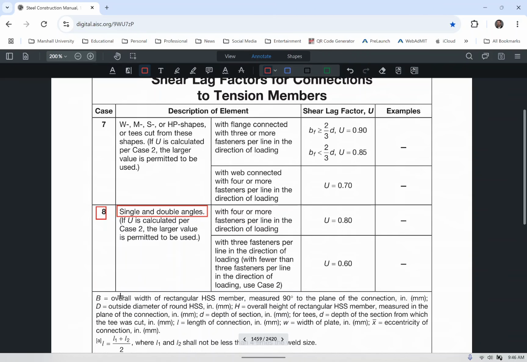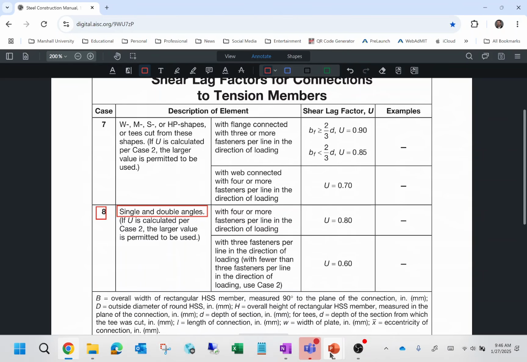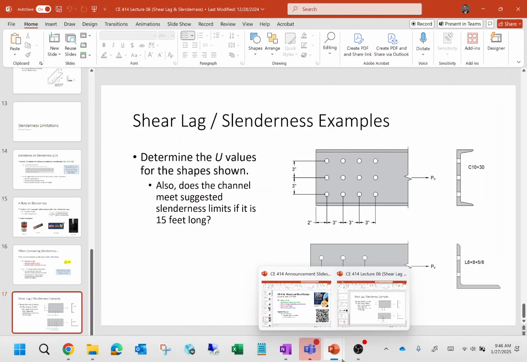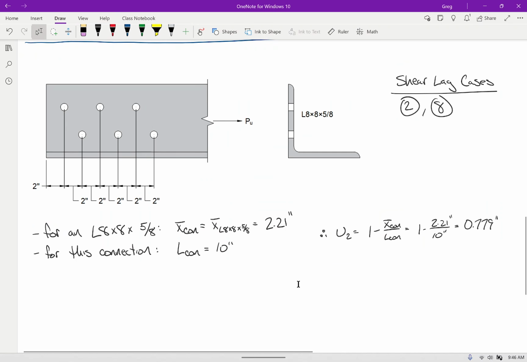It says with fewer than 3, just use case 2. A line of bolts is however many bolts are in a line in the direction of loading. So how many bolts per line are in the direction of loading? 3, right?